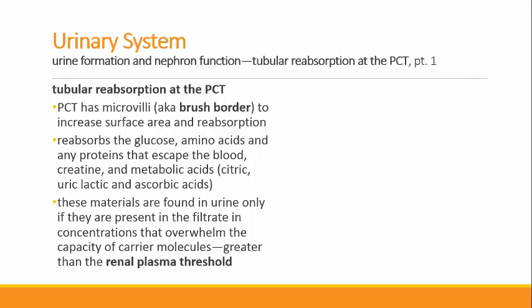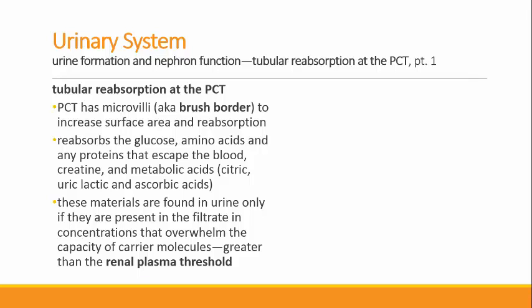And so here at the proximal convoluted tubule, we reabsorb any glucose, amino acids, or small proteins that have escaped the blood back at the glomerulus. The goal of the glomerular capillaries is to retain proteins, but sometimes a few escape. So we have capacity at the proximal convoluted tubule to reabsorb glucose, amino acids, and proteins.